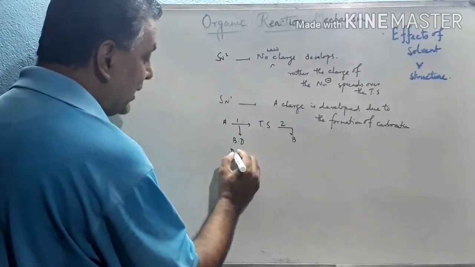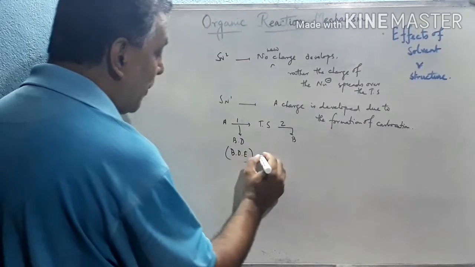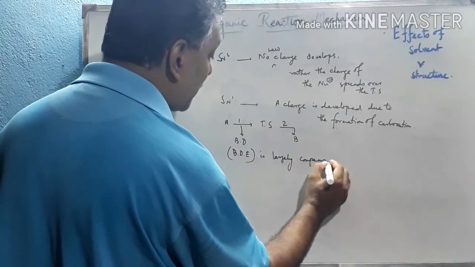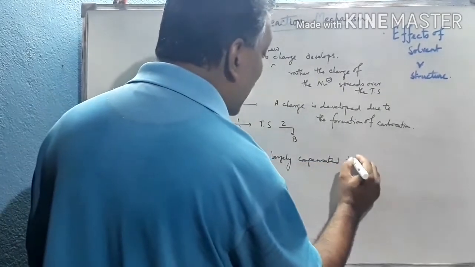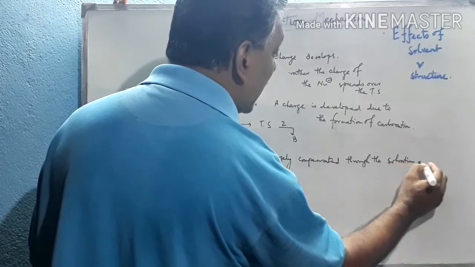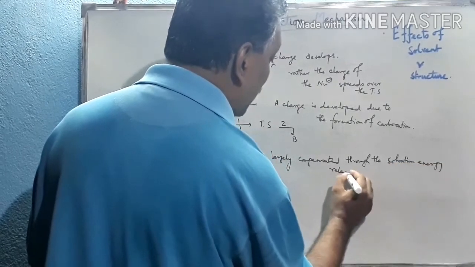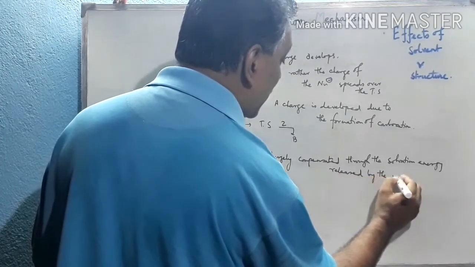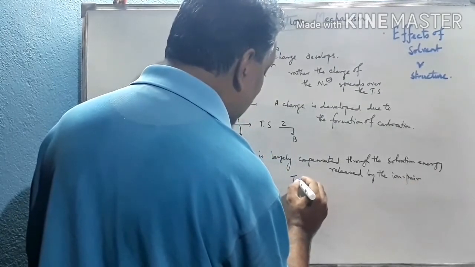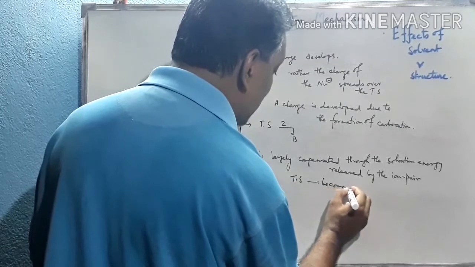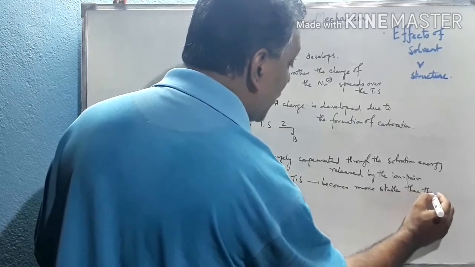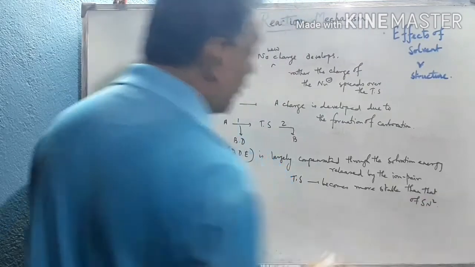So the bond dissociation enthalpy required is largely compensated, BDE is largely compensated through the solvation energy released by the ion pair, and hence the transition state becomes stabilized, becomes more stable than that of SN2 transition state.